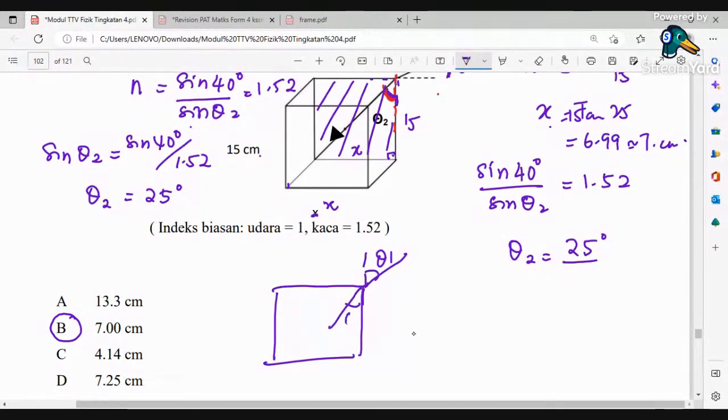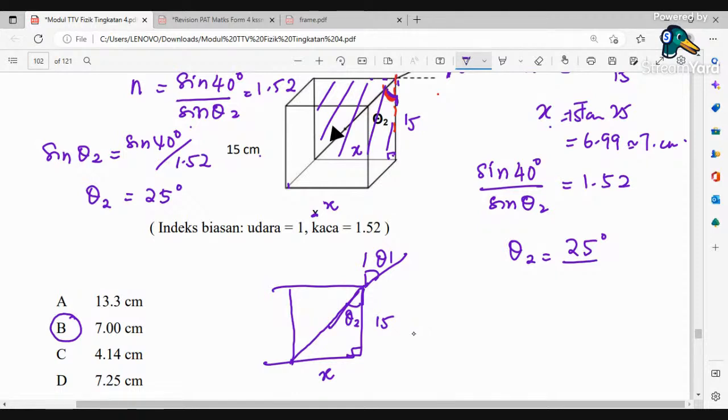Ini angle theta 2. Okay. So dia pergi ke sini, sorry, saya betulkan balik. Sebab dia kena dekat sini dia macam diagonal line lah. Macam ni lah. So sini right angle. Ini 15. Ini X. So for angle theta 2 tadi you dah dapat 25.